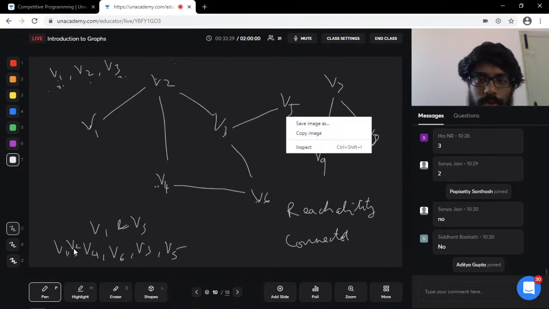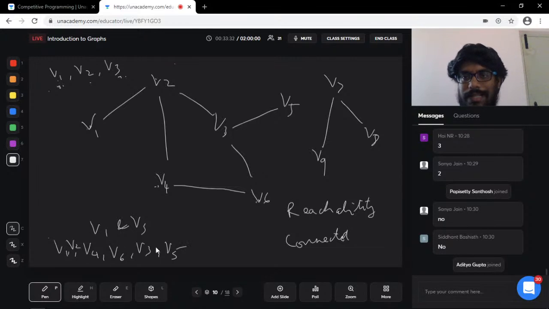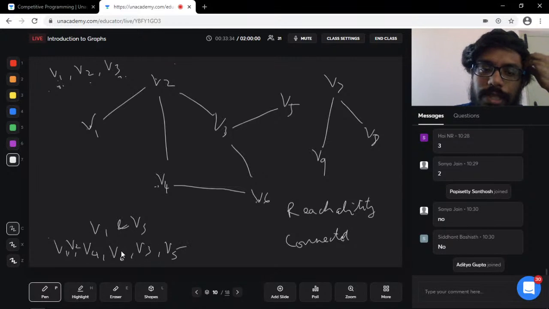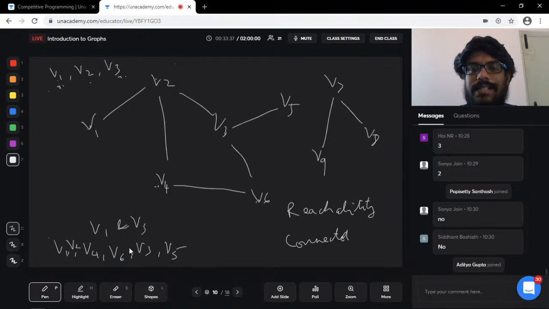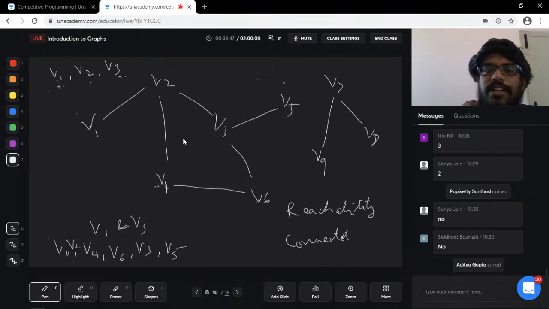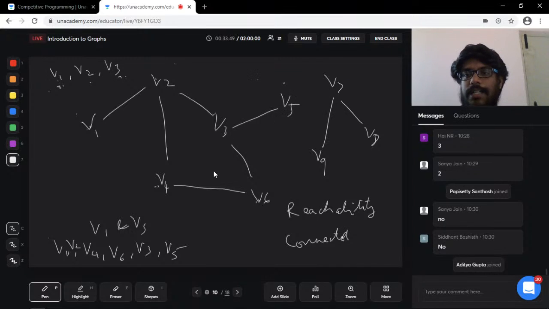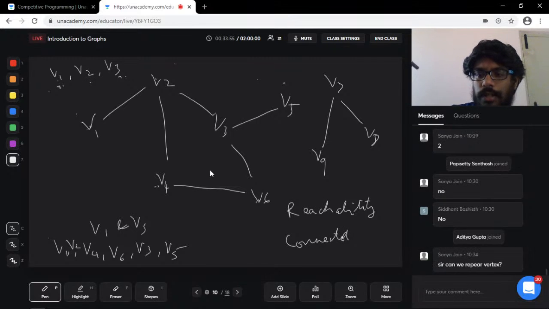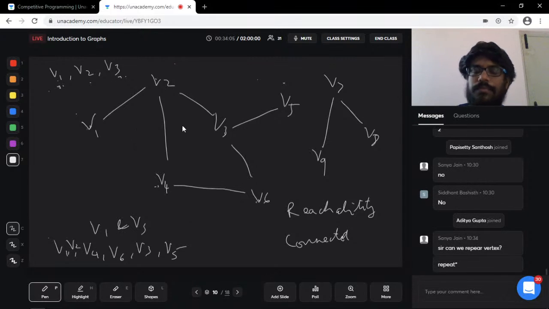So there's a sequence of vertices such that any two consecutive vertices are adjacent to each other. That is, there is a direct edge between them. And so this means that starting from V1 I can reach V5. Similarly, I can start from V5 and reach V1 as well. Just because this is an undirected graph, I can go in either direction. So if I can go from one vertex to another vertex, I can also go in the opposite direction. So V5 and V1 are reachable from each other in this sense.